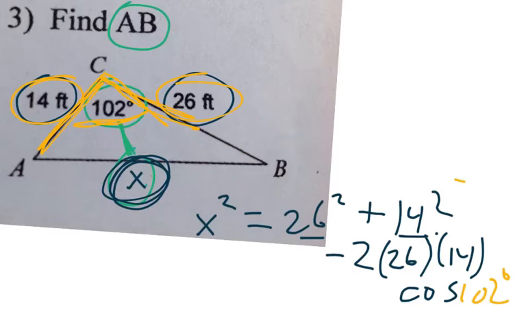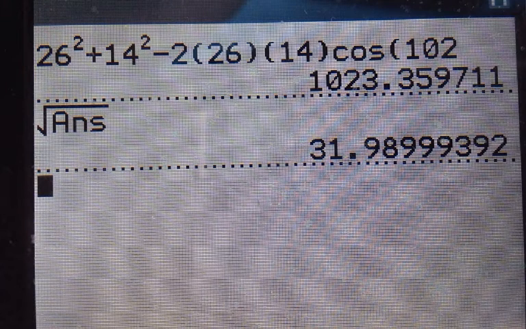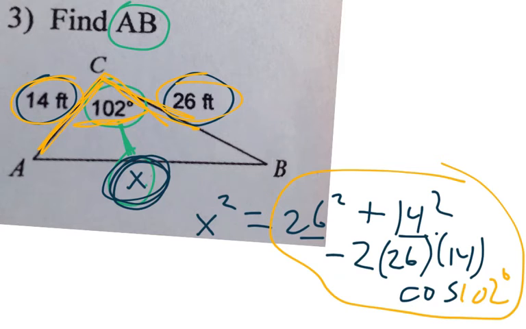Now, it looks scary, guys, but I'm just going to type all of this into my calculator. So check this out. I did 26 squared plus 14 squared. That basically is the Pythagorean theorem so far. But now I'm going to do minus 2 times the sides together times the cosine of 102. I get 1,023. Now remember, x squared is 1,023 point whatever.